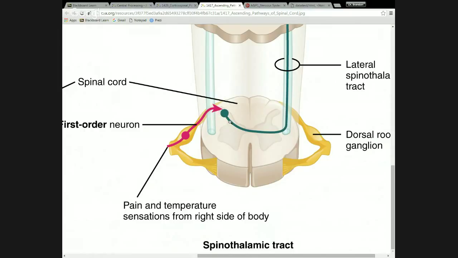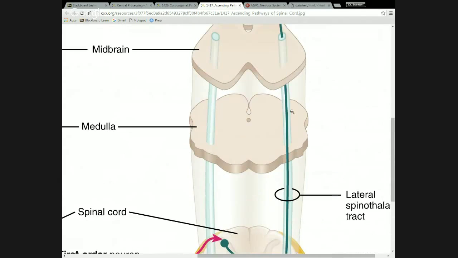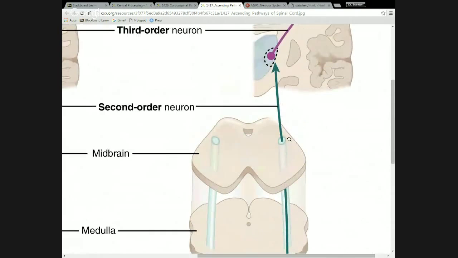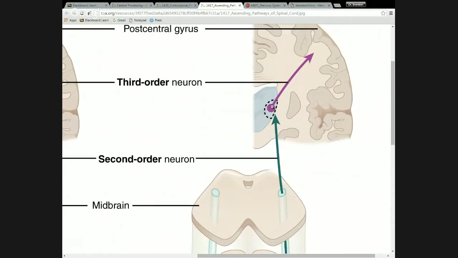That's our second neuron. That second neuron then crosses midline and goes up in a lateral position through the spinal cord and the medulla and the midbrain, and it finally synapses in the thalamus. And then from the thalamus, the last neuron goes on to its target.